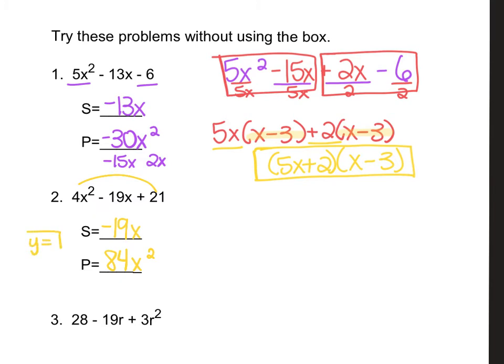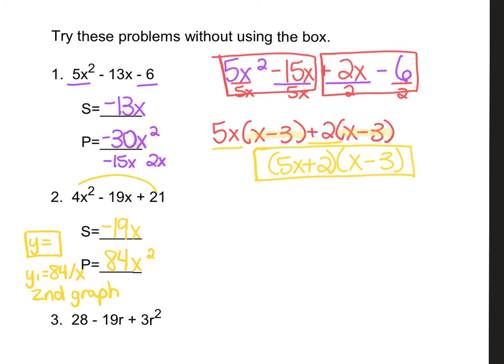If you hit the y equals button, and in y1, you can enter the product that you want, 84, and you would write divided by x. And then you would go to second graph, and you would get a list of factors for 84. Again, in that list, we're looking for the ones that would add up to negative 19.